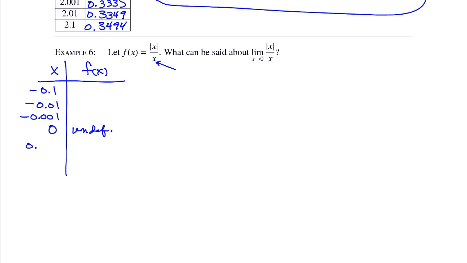So 0.001, 0.01, and 0.1. Does everyone see that these numbers are in fact in order from least to greatest? The more zeros I have here, the closer I'm getting to 0, and the fewer I have here, the further away I'm getting from 0. All right. We need to compute these values. So let me go ahead and do that in the calculator.